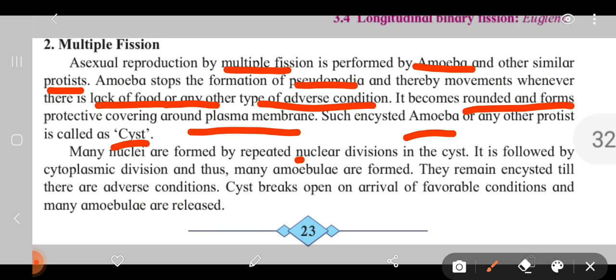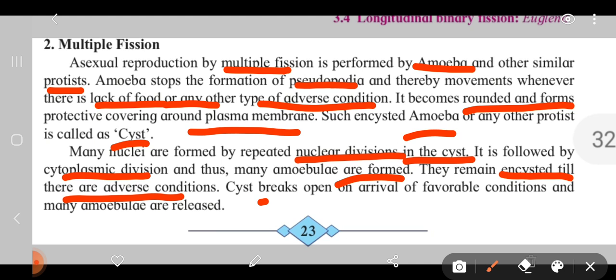Many nuclei are formed by repeated nuclear division in the cyst. So at this particular time, they start forming multiple nuclei. Nuclear division takes place, followed by cytoplasmic division, and many amoebulae are formed. This way many amoebulae are formed, and they remain encysted, meaning they remain inside that covering while there are adverse conditions.